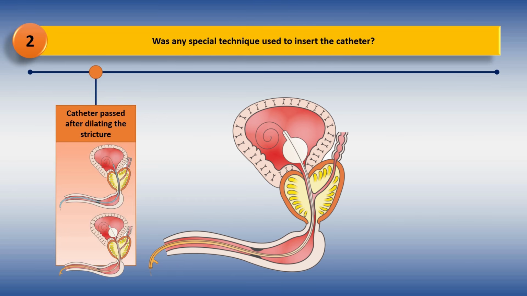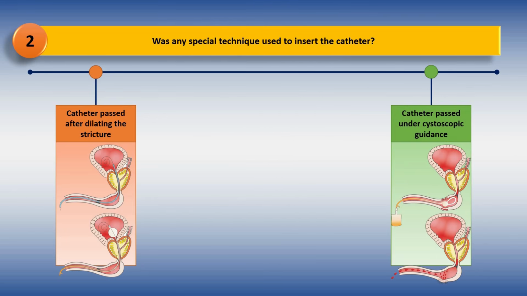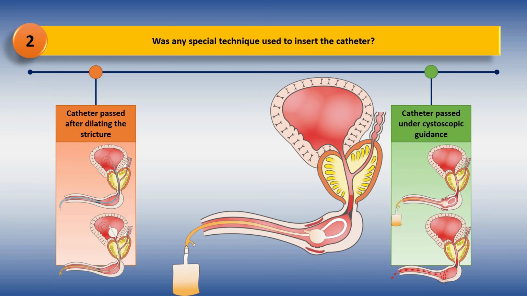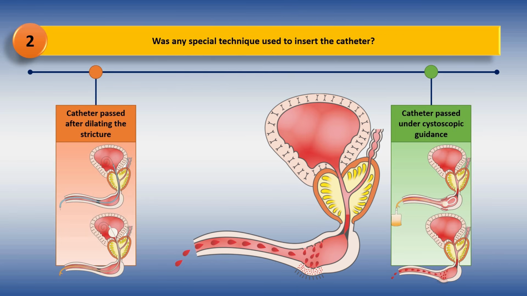The second situation may be that instead of a guide wire technique, a urologist who placed the catheter used endoscopic guidance to place the catheter. This happens when somebody else attempted to pass a catheter, a urethral trauma occurred, and now the catheter is not going in. In this setting, the doctor uses cystoscopic guidance to know where the true passage is and then places the catheter.